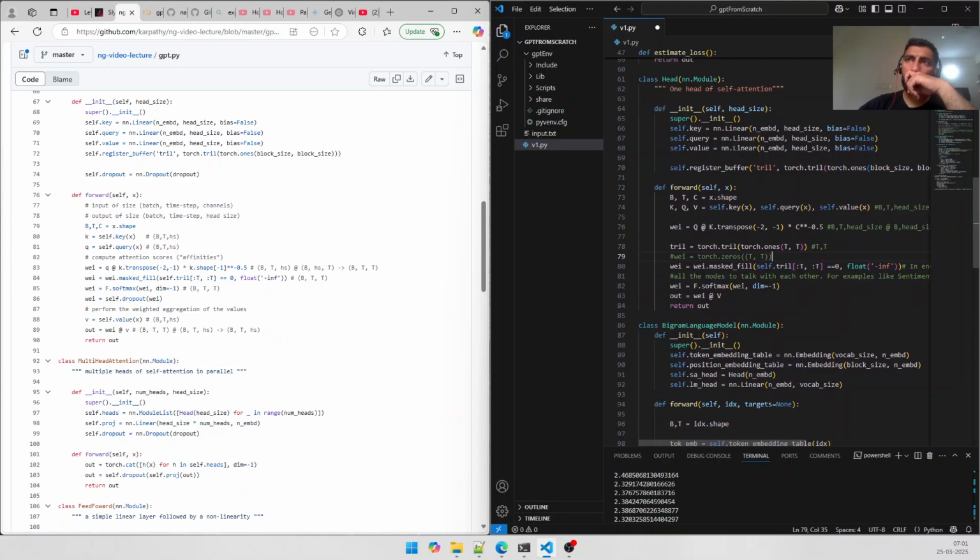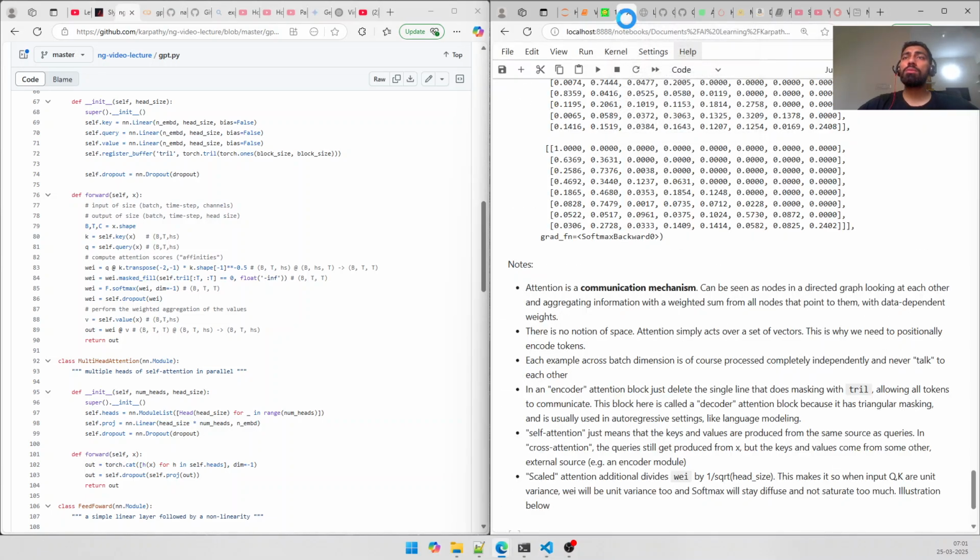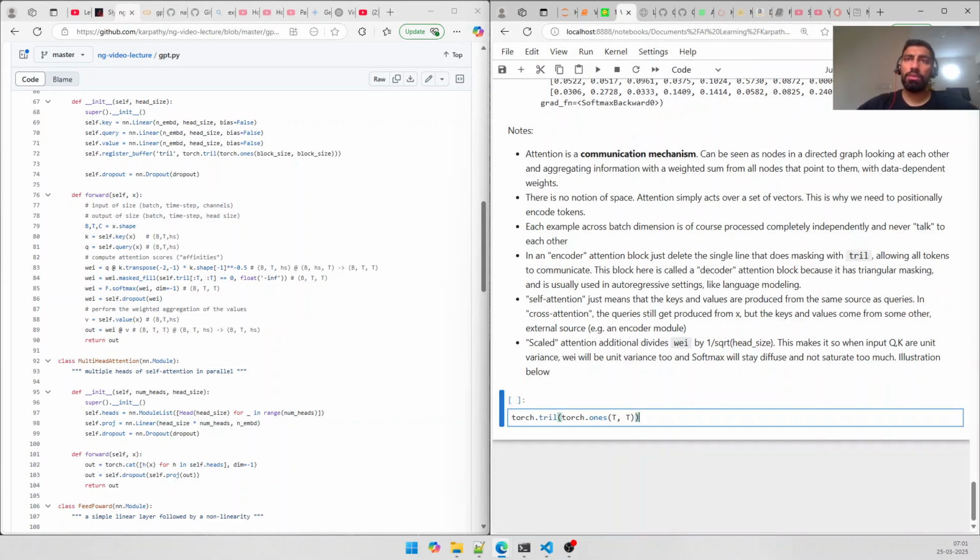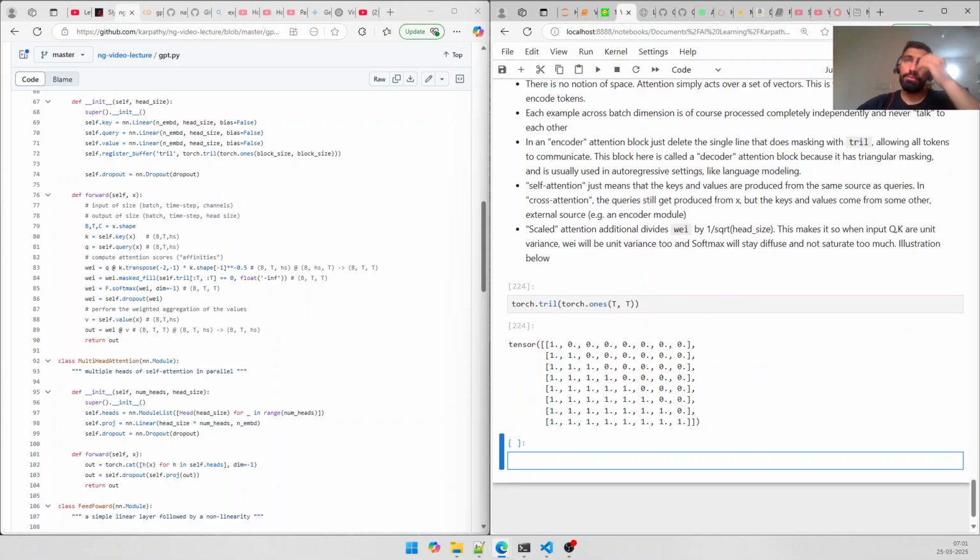Then torch.ones, so the diagonal and below, all of them are one.